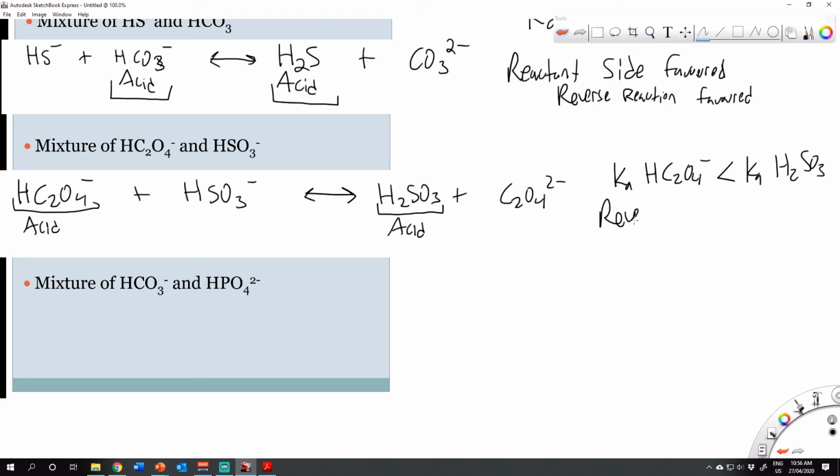So again, reverse reaction favored. I can't spell today. Right, reverse reaction favored. Or another way to think about it is that the reactant side is favored.